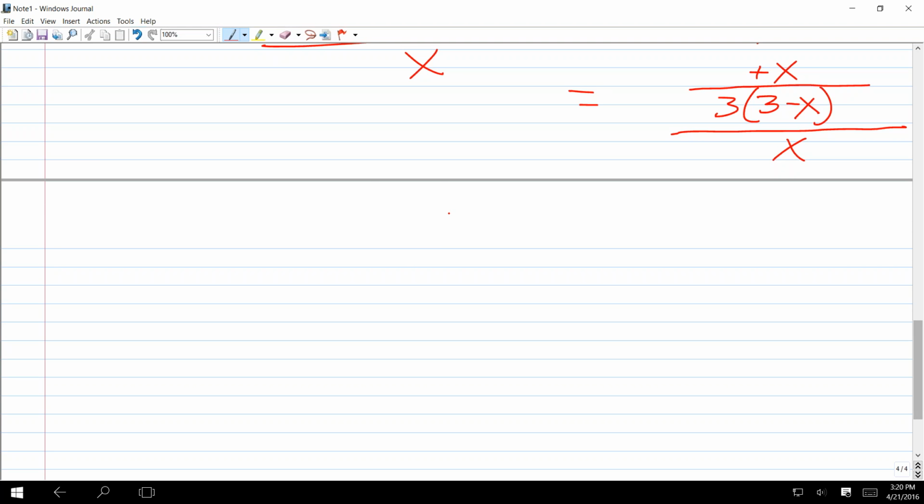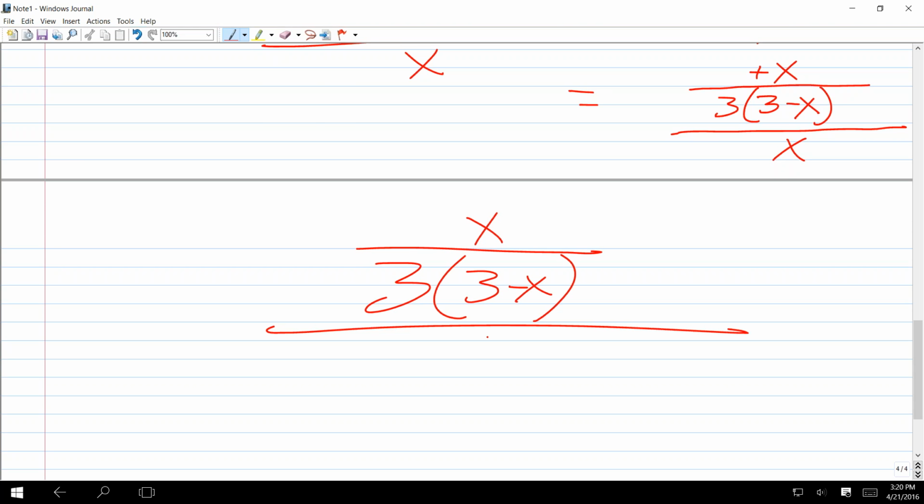Now, let's look at this. We have x over 3 times 3 minus x, all over x. Now, the rule is if you are dividing by a fraction, you flip and multiply. We're not really dividing by a fraction, we're dividing by x. That doesn't mean we can't put a 1 under it and flip and multiply.